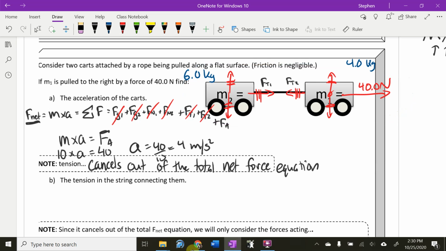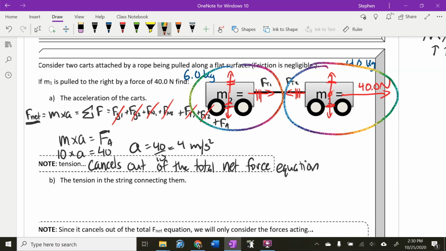So what I'm going to do this time is, instead of looking at the entire picture, limit my picture to just one object. So in this case, I could choose this as the object that I'm looking at, everything that lies within that circle, or I could choose this as the object that I'm looking at, everything that lies within this circle.